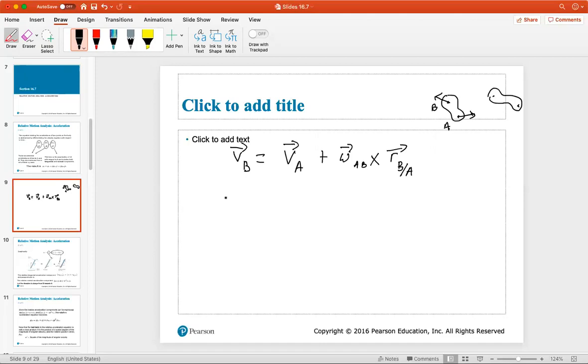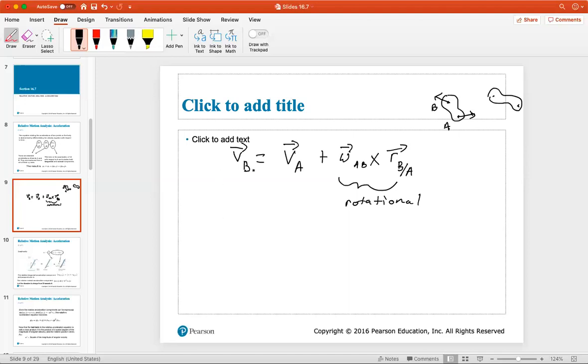To find relative acceleration, we simply take the derivative of this. But what I want to emphasize is that this part right here is rotational. In physics 1, we would have called it circular motion, general circular motion.